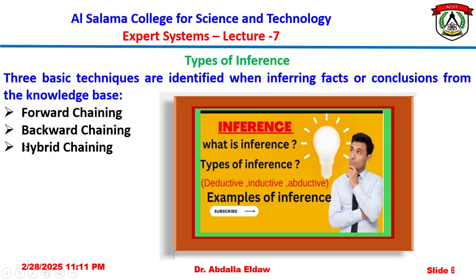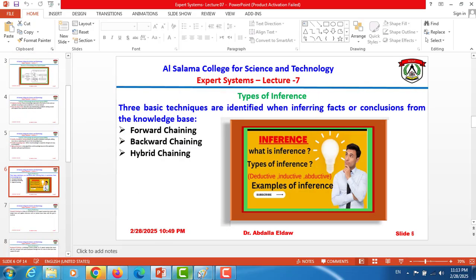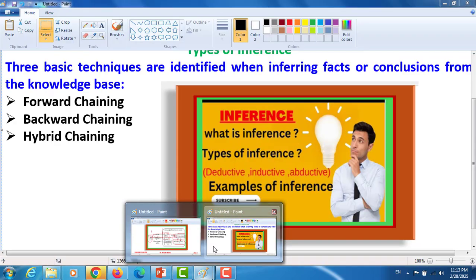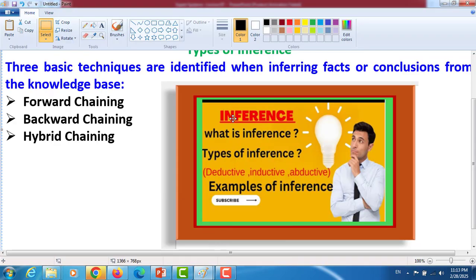Types of inference. We have three types of inference: forward chaining, backward chaining, and hybrid chaining. We can explain this in more detail. Return to the paint. Three basic techniques are identified when inferring facts or conclusions from the knowledge base: forward chaining, backward chaining, and hybrid chaining.